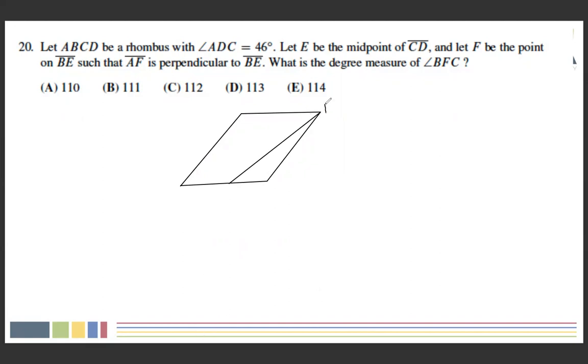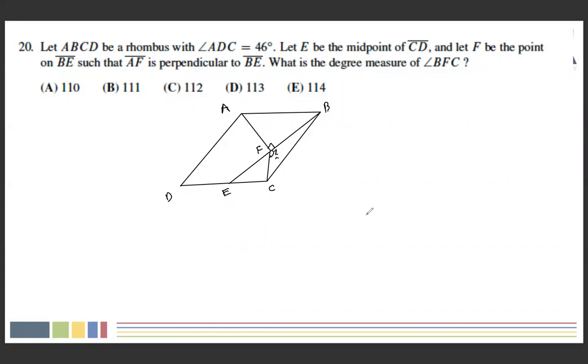So E, that's the midpoint, C, D, A. And now we draw a 90-degree angle to here. Okay, and this is the angle in question, BFC. So how do we find this angle?